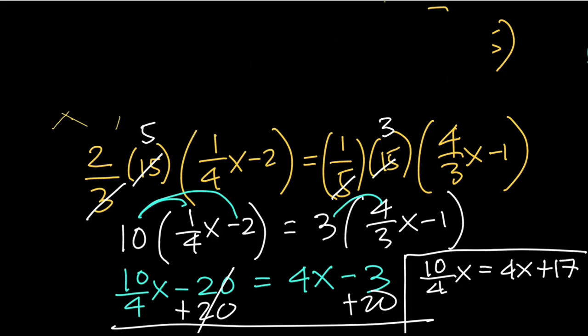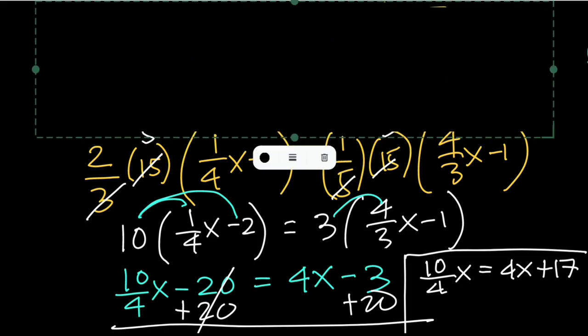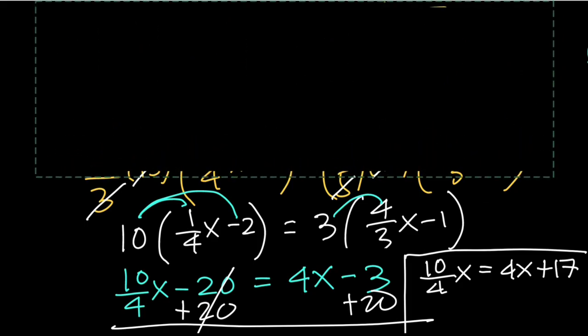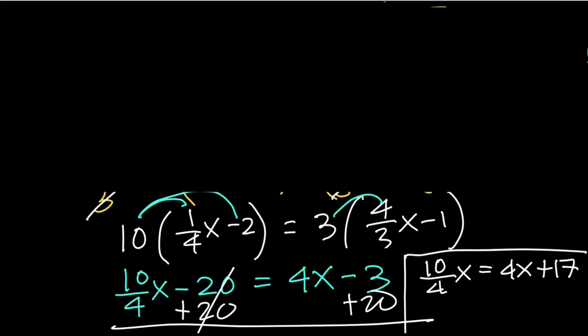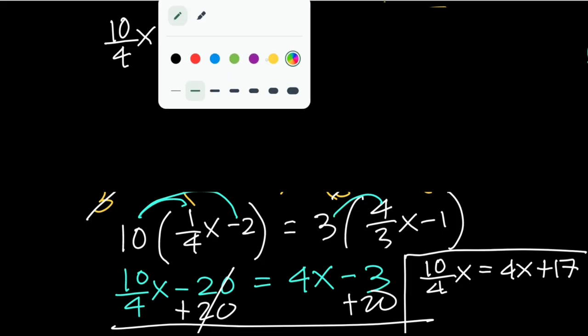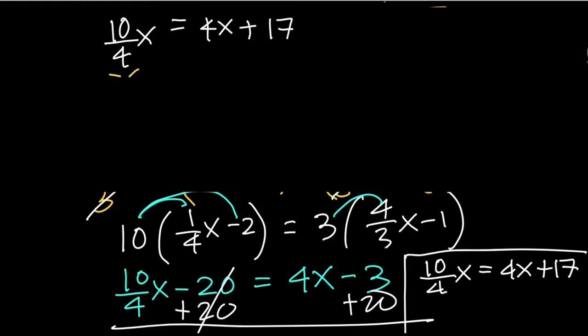Then let me get rid of this. Can I erase the top part? Okay, so we have 10/4 x equals 4x plus 17. Then we subtract 4x from both sides.